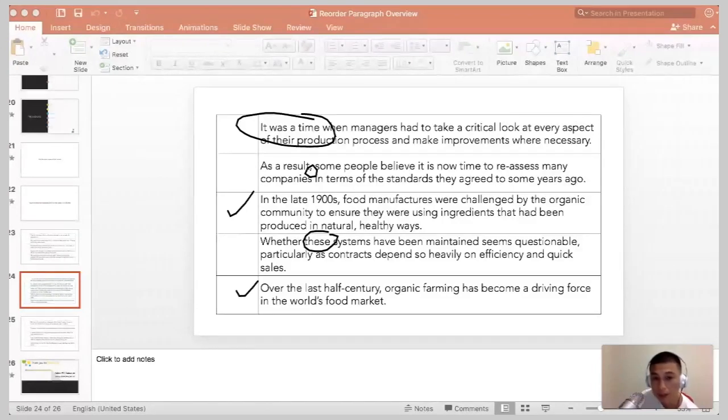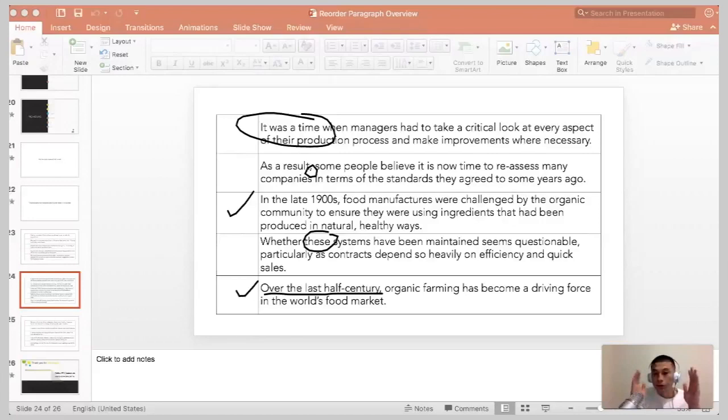I'm assuming because I didn't read anything else yet. That's a clear indication when you have the overview. This should come first, okay? Because it's establishing the timeline, the entire timeline. And I would assume in the late 1900s is the beginning of the timeline, okay? So that's what they want, to give you an overview and then start with the topic.